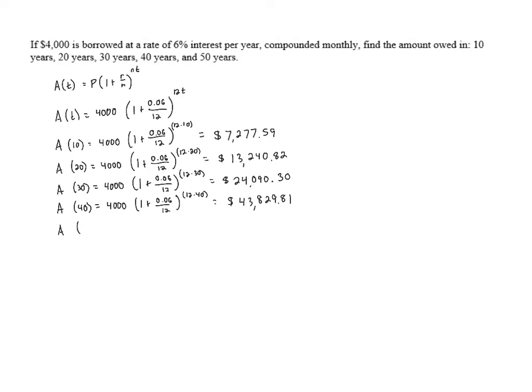And if we wait 50 years, well, maybe we'll be dead then and we won't have to pay anything, but let's do the calculation regardless. Let's see, 12 times 50 in that exponent. And when we do the calculation, we end up with $79,743.82.